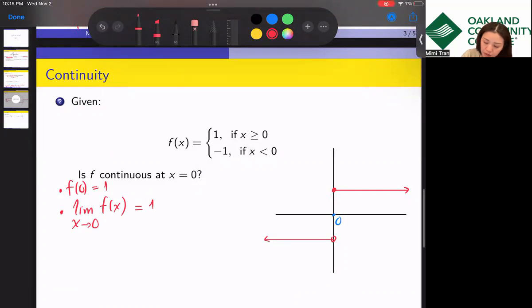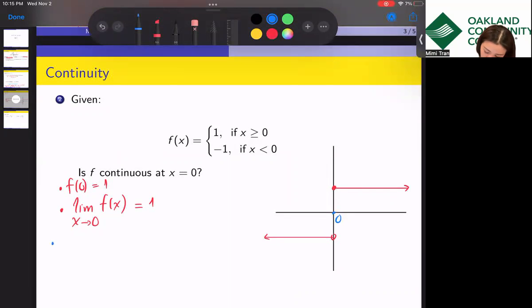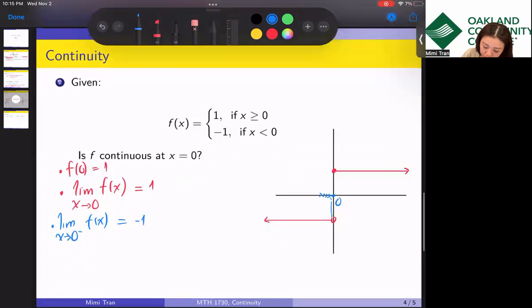All right, so we need to check the limit as x approaches 0 from the left of f of x. What is it equal to? If x approaches 0 from the left, like that, then it looks like the limit goes to -1, right? The limit is -1.